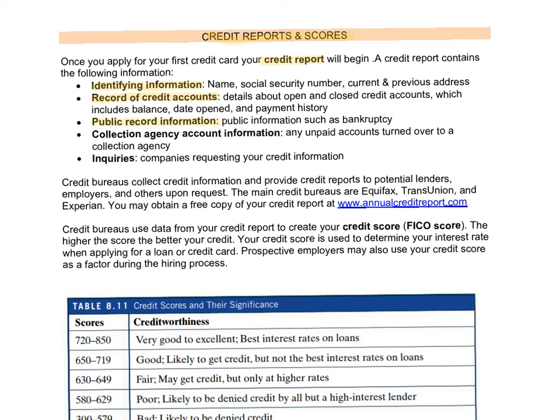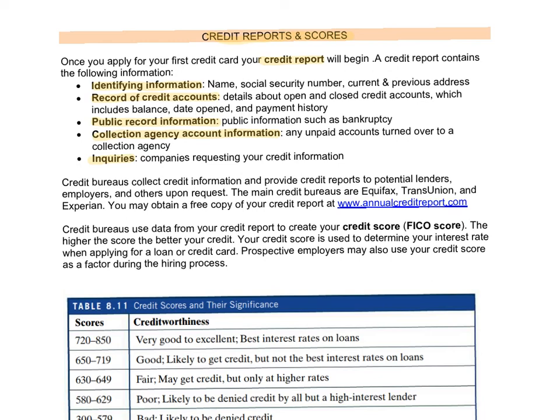So if you've had a bankruptcy, anything that's public record will also be on your credit report. Collection agency account information. So if any of your unpaid accounts was turned over to a collection agency, that will be there. And inquiries. So any company or even an employer that requests a credit background check on you, that will also show up on your credit report.